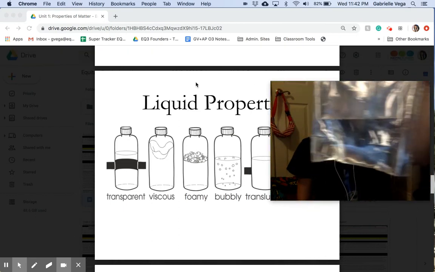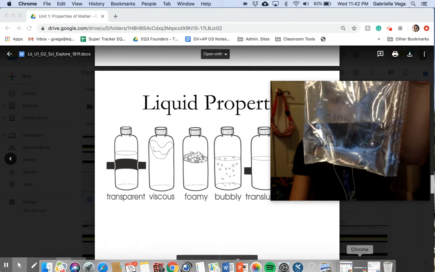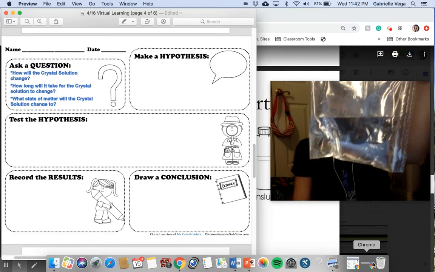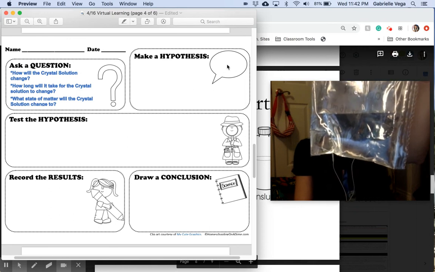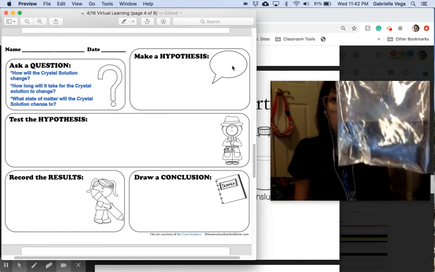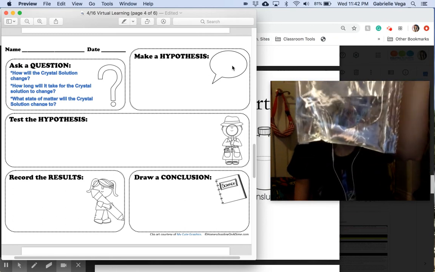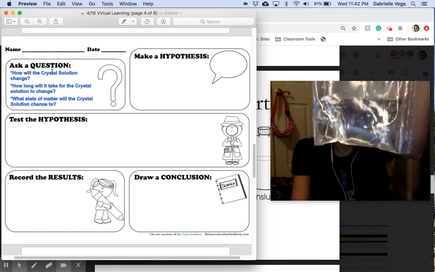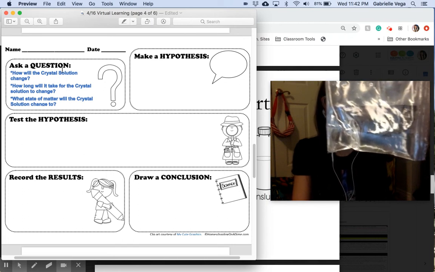So take a look at the solution there. And then go ahead and you can draw it in this little circle here and make sure you label what it looks like.